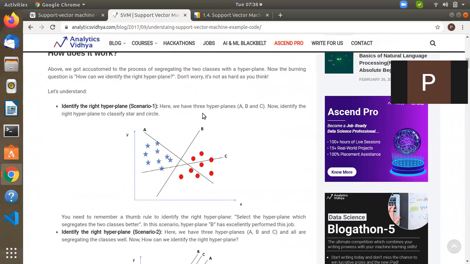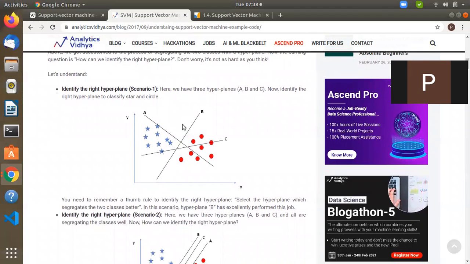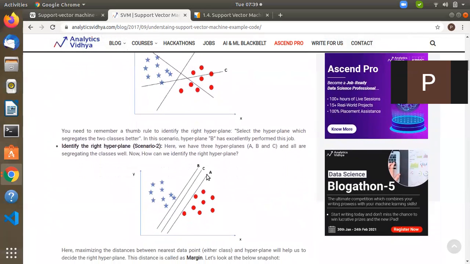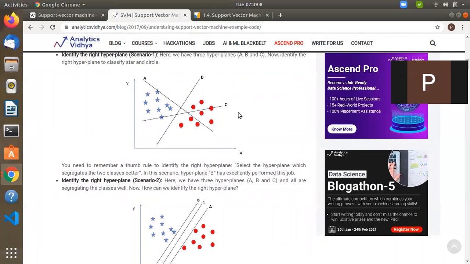The first scenario is to divide these data points into positive or negative, or class A and class B. In this diagram there are three hyperplanes, and we have to find which hyperplane will classify this problem into class A and class B. Here you can see B is the correct hyperplane, which can be said to be the best hyperplane by looking at this diagram, as it separates these red points from the green stars.